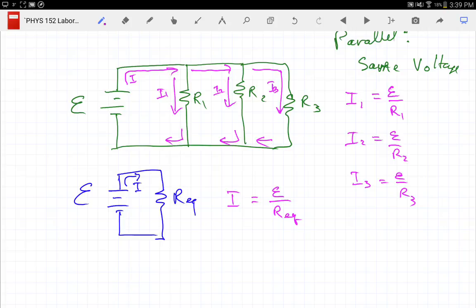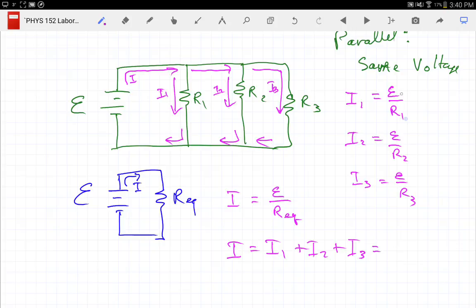I have a current I that comes out and it's split off into I1, I2, and I3. Because charge can't be created or destroyed, we don't use up the current. We have to have I equals I1 plus I2 plus I3.